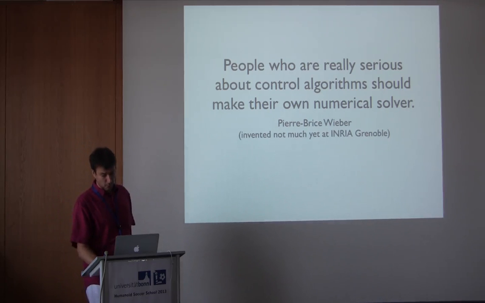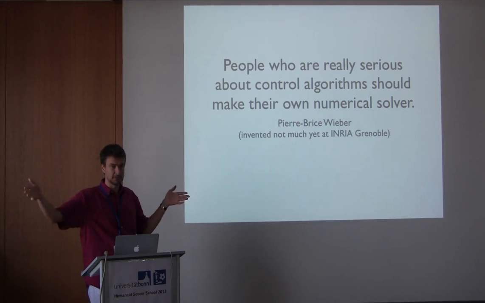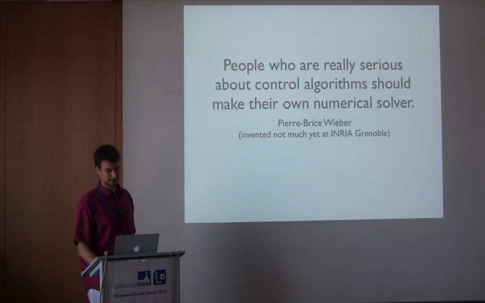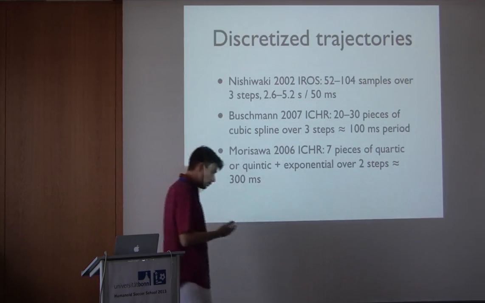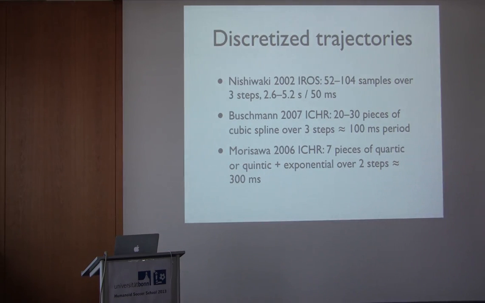So, first thing, we have seen that in all those control schemes, one way or another, they compute dynamic motion by solving the equations of motion for some time, for 1 step, 2 steps, 3 steps, and then optimize something. So they work on trajectories, everybody. So of course, we don't work on a continuous trajectory, we work with a discretized trajectory in digital computation.